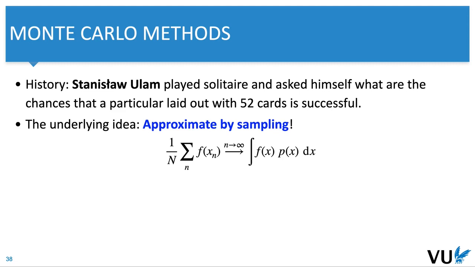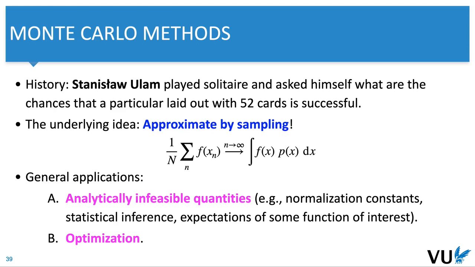So when we have some quantity of interest f of x, and if we sample these x's as much as possible, right, to infinity, we will in the end approximate the real quantity. Here's the integral, right? While in reality, calculating this integral could be extremely difficult, approximating by sampling and averaging is very simple.